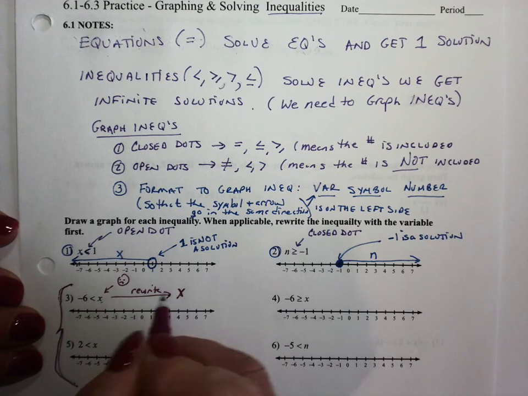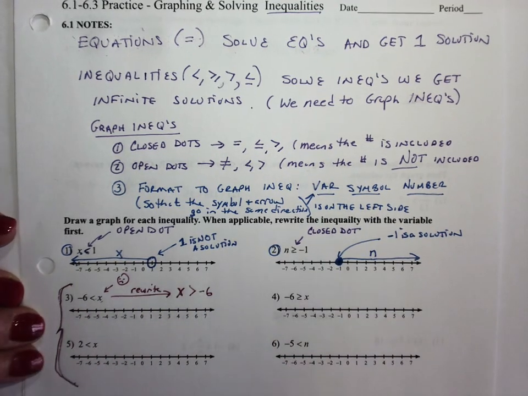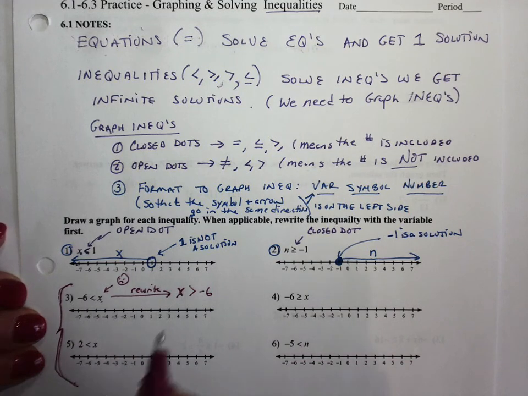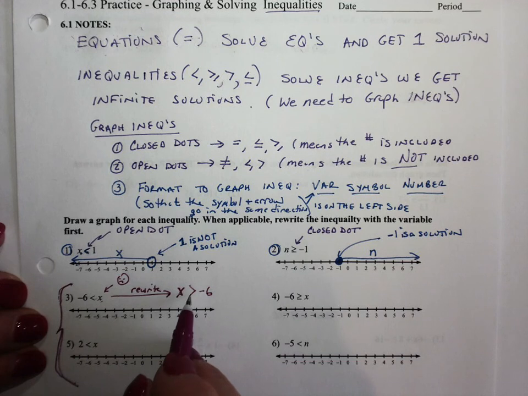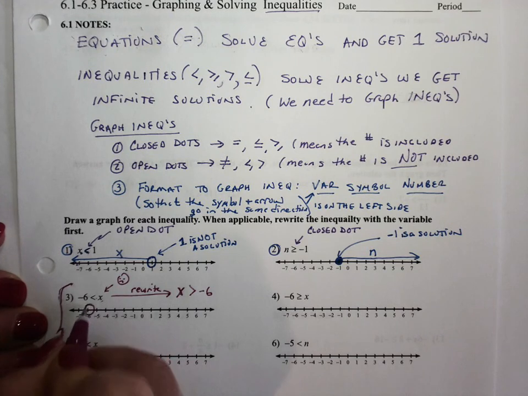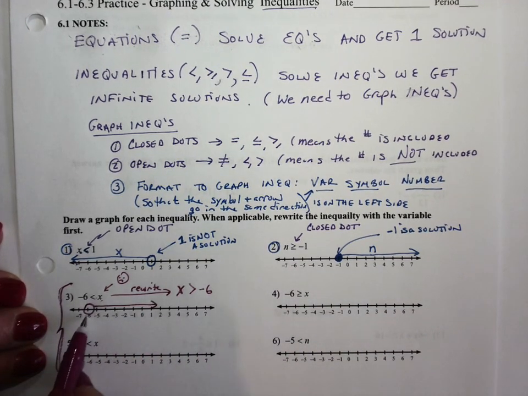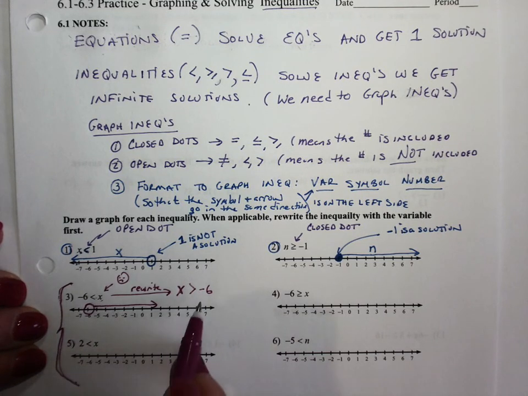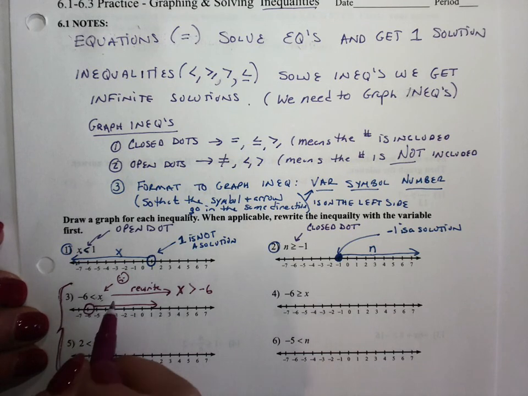X, okay, is greater than -6. And it only takes a second to do that. And now my symbol and my arrow will go in the same direction. So go like this. Okay, so again, -6, okay, is greater than, so these are all my.